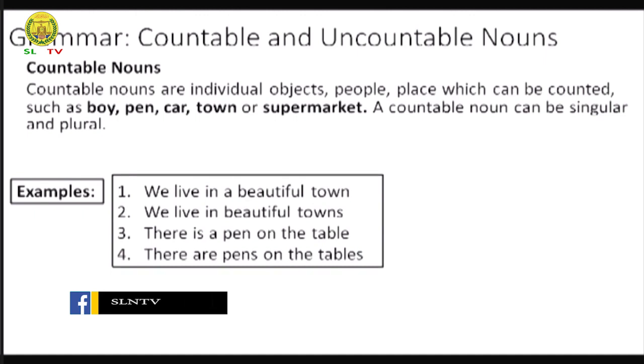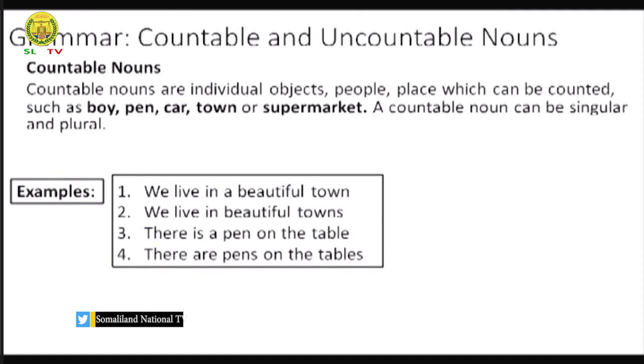The second example: we live in beautiful towns. The first one was singular, but the next one is plural. So town can be counted. You can say town or you can say towns. Example number 3: there is a pen on the table.